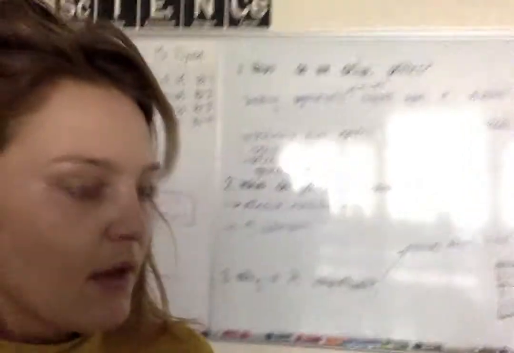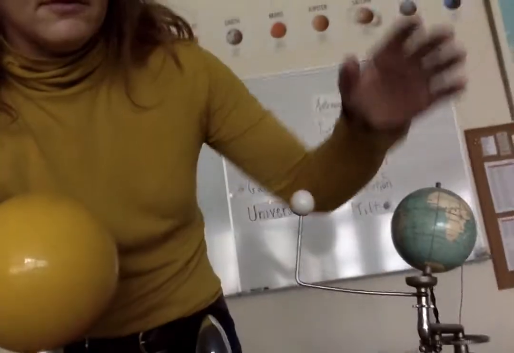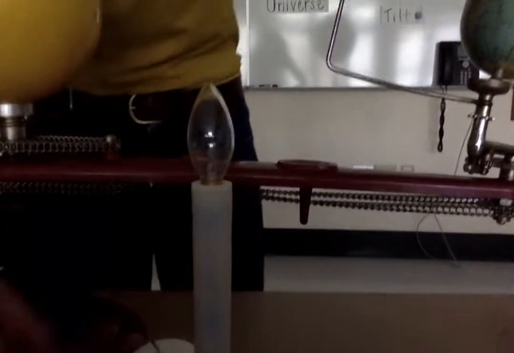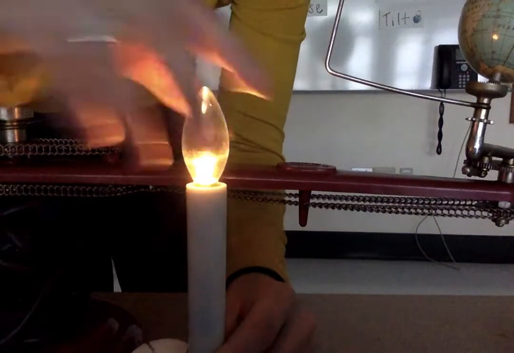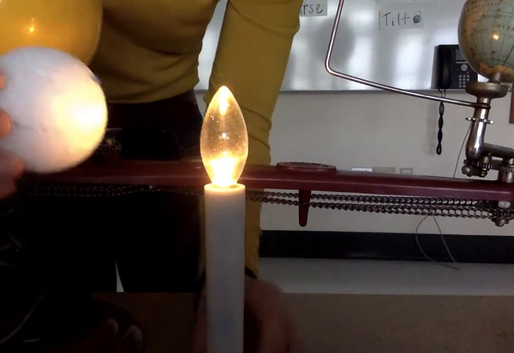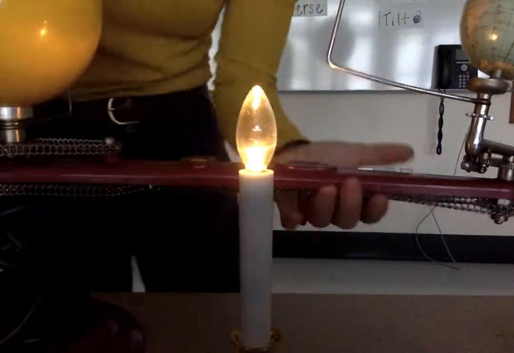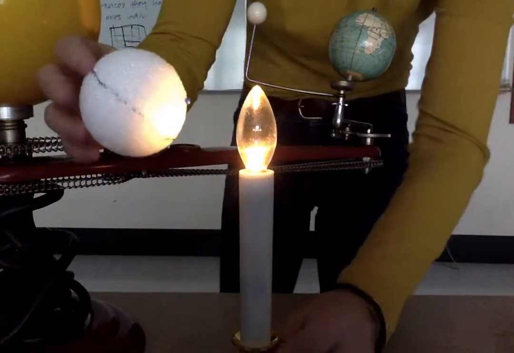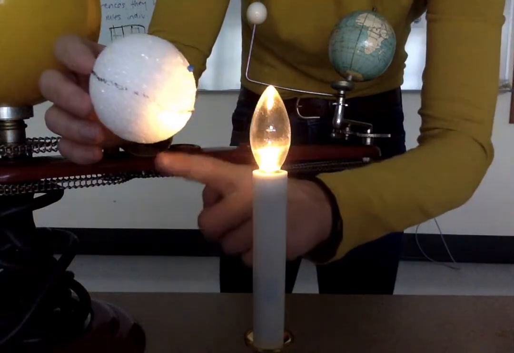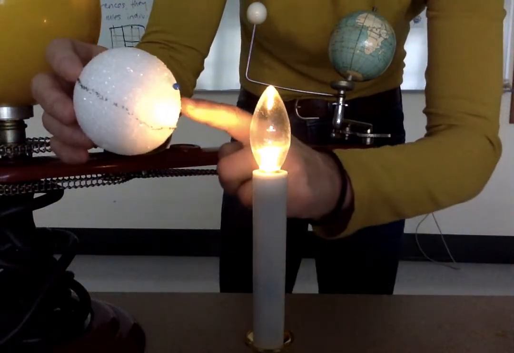So seasons happen because the Earth is tilted. And the side tilted towards the sun, I'm trying to show you with this representation here. This is what your peers had in class. The side tilted towards the sun, the hemisphere, either the northern or the southern, is getting more direct sunlight.